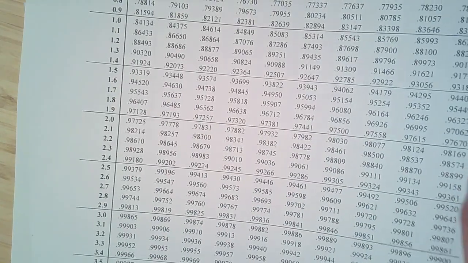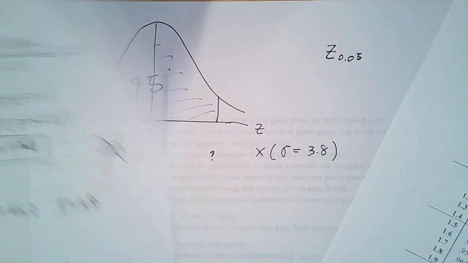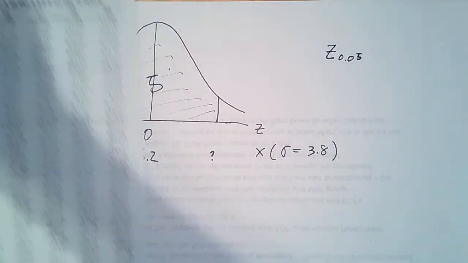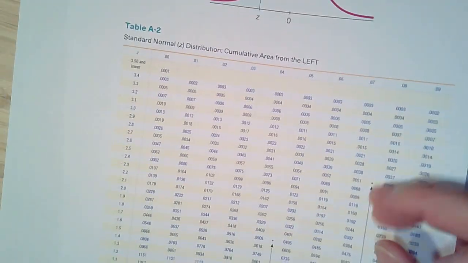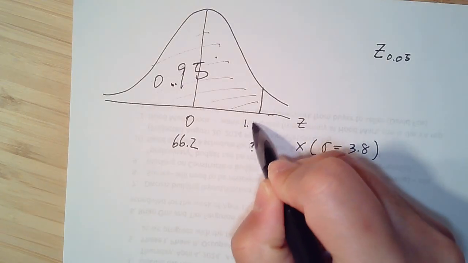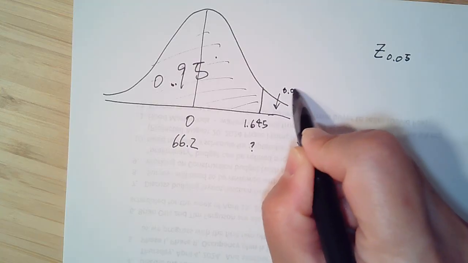Do you remember this number? It's 1.645, right? So here is 1.645 because this little area is 0.05.